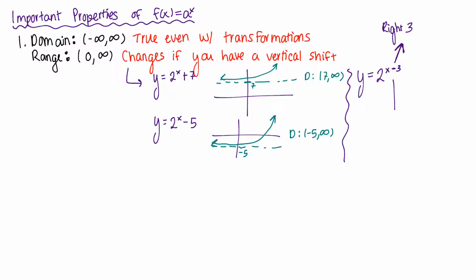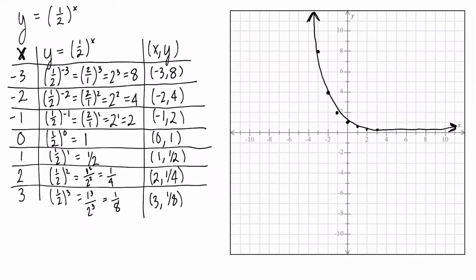This isn't going to change the domain. So let's go back to this one. If I did y equals 1/2 raised to the x minus 3, I would be shifting each of these points to the right 3. So this point right here, shift it 3 points over.